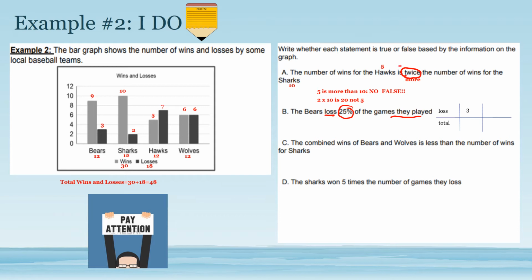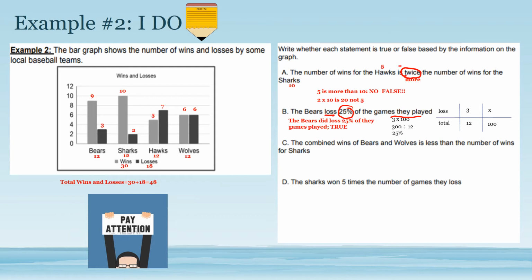We're going to focus on how many games the Bears lost. 3 out of 12. They played a total of 12 games. So what percent is that out of 100? 3 times 100 is 300. 300 divided by 12 gives us 25%. The Bears did lose 25% of their games played, so therefore this is a true statement.